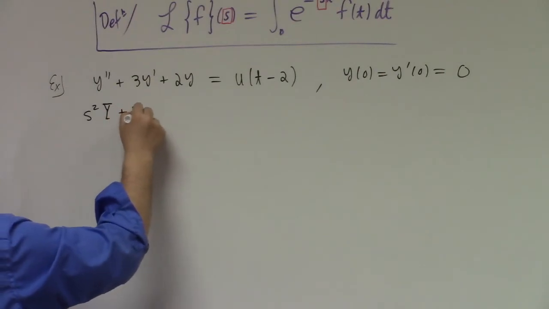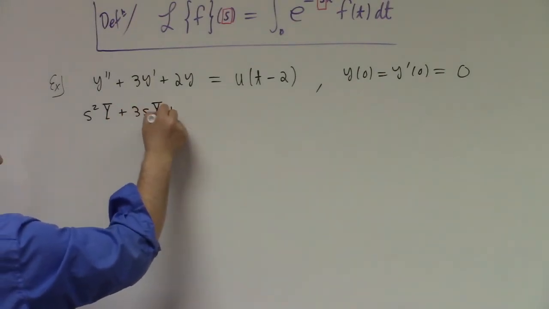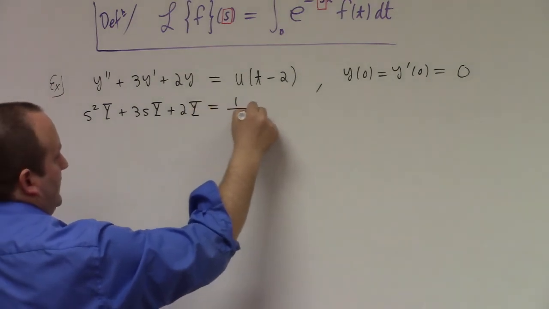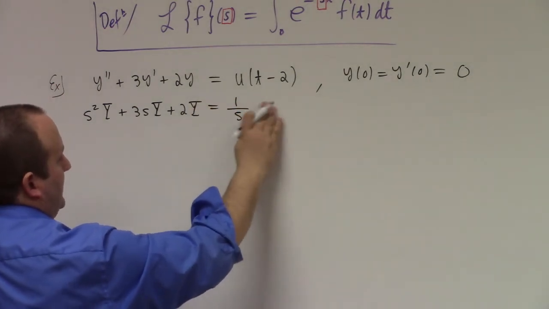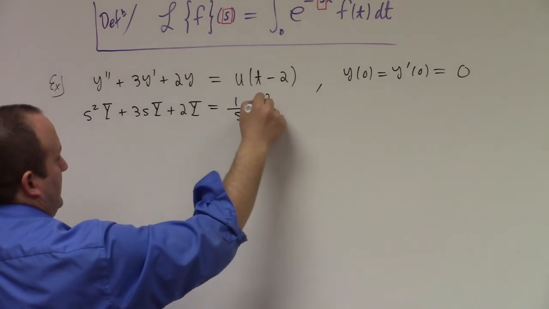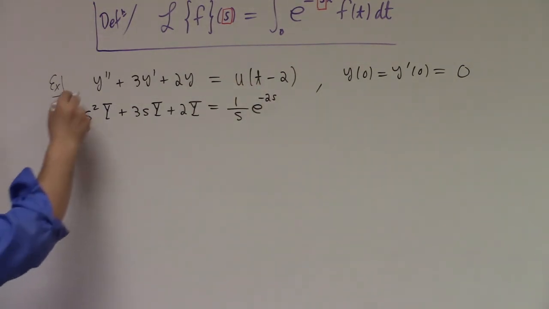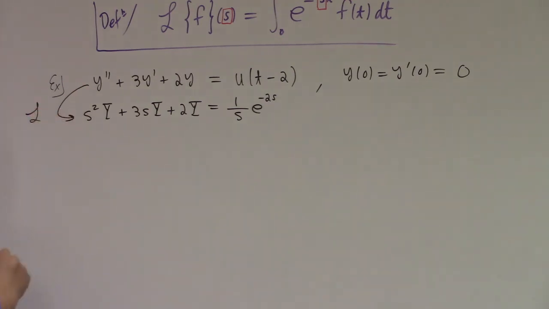So I take the Laplace transform of this. That gives me s squared big Y plus 3s big Y plus 2 times big Y equals 1 over s times e to the minus 2s, if I recall correctly, right? So what I did, I took the Laplace transform. Now what always happens for these problems is you'll pull out the characteristic polynomial in s.